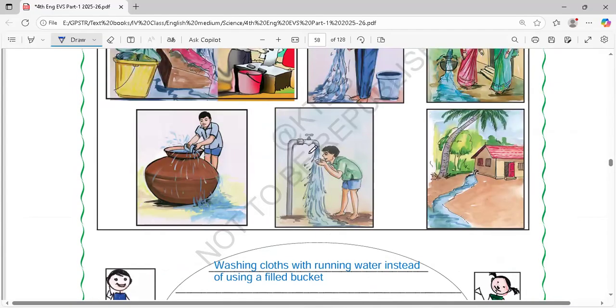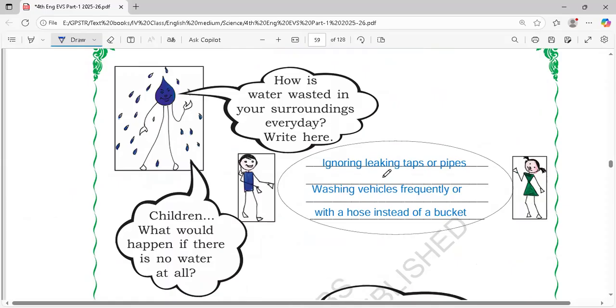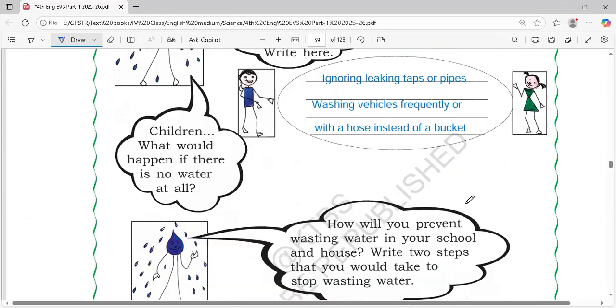See this. Next, how is water wasted in your surroundings every day? Right here, see, ignoring leaking taps or pipes, one activity. Next, washing vehicles frequently or with a hose instead of a bucket. This is also water wasting.